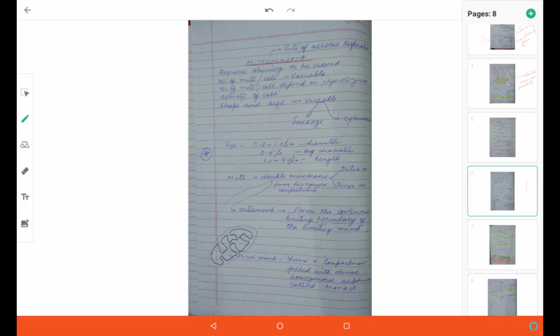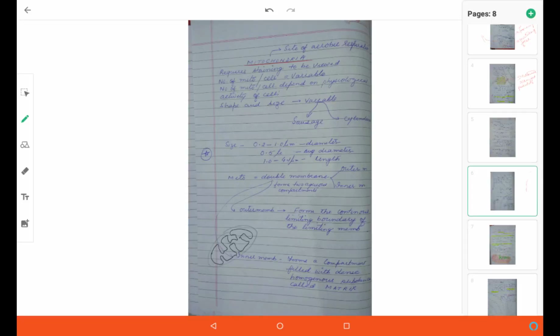The shape and sizes are also variable. They may be sausage shaped or cylindrical. Their diameter is around 0.2 to 1 micrometer and their length is 1 to 4 micrometer.